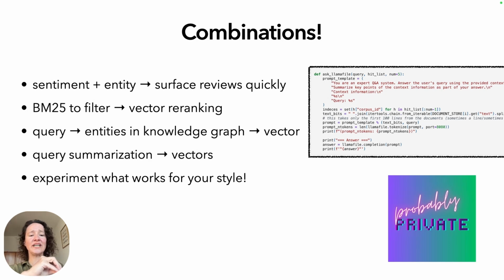You can have a query that can build entities in your knowledge graph, and you can pull those entities out and then create a vector with them, right? So you can do all sorts of cool tricks with this that might work, again, for the way that you search and the way that your corpus works. We can do query summarization.